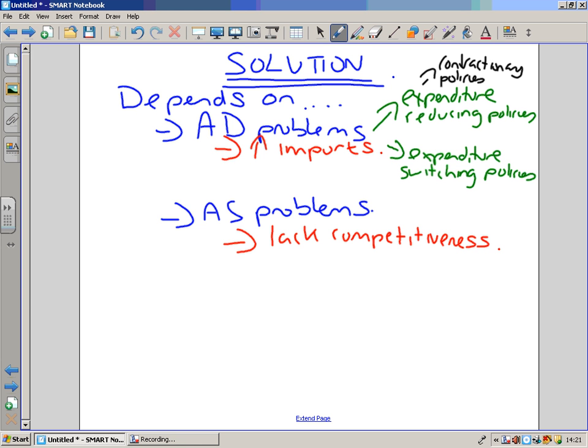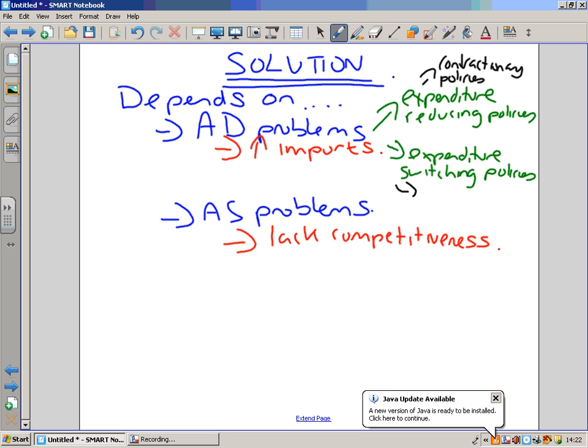If we lower AD, especially if people have a high propensity to import goods, then demand for imports will fall. And it can really be a short-term fix though, because eventually that will lead the economy into recession. Clearly lowering AD through contractionary monetary and fiscal policy will mean that eventually we have high unemployment and low economic growth in the economy. It might promote a recession.